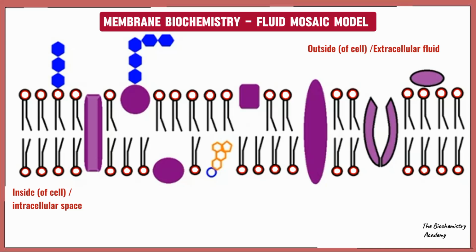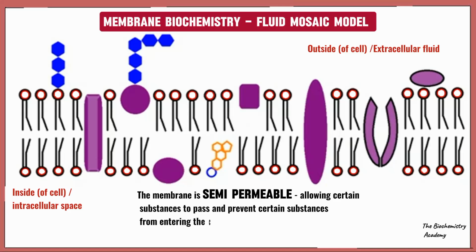Now, the next thing that we'll talk about is how things or substances flow into and out of the membrane. Now, if you remember our previous video, we talked about the semi-permeability of the cell membrane, meaning that they allow certain substances into the membrane and prevent other substances from entering the membrane.